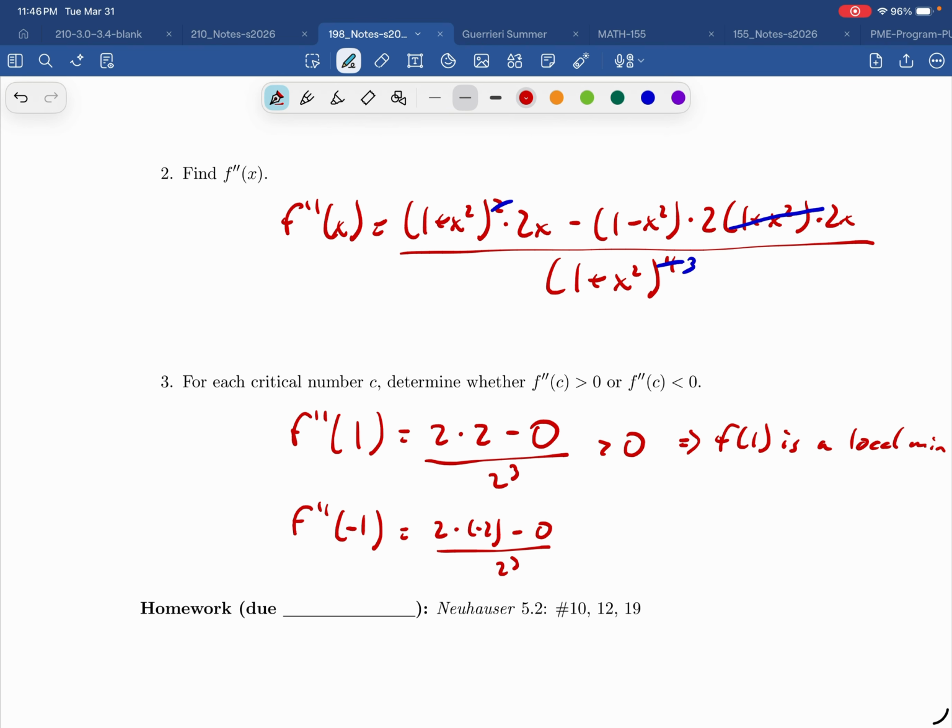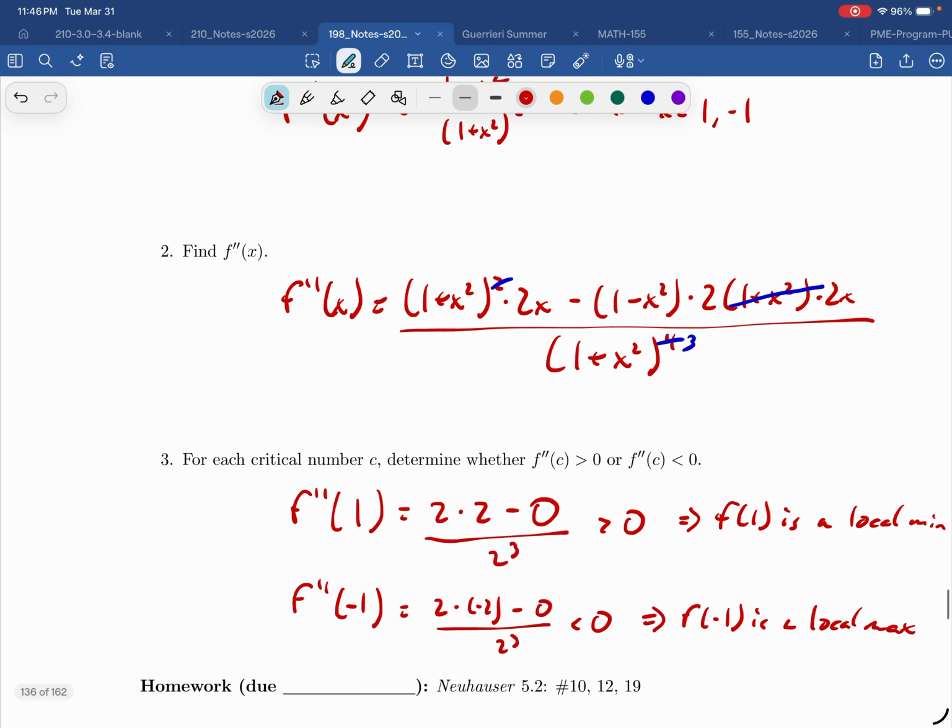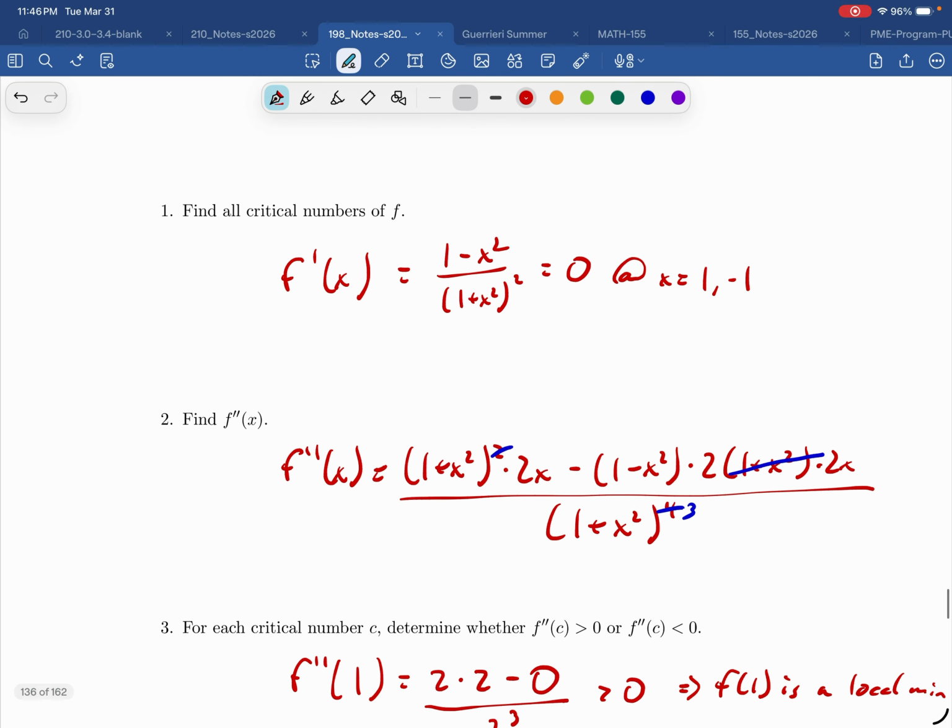And this is less than 0. So it seems that f of -1 is a local maximum. Let me just double check that, because I think we should be getting the opposite.